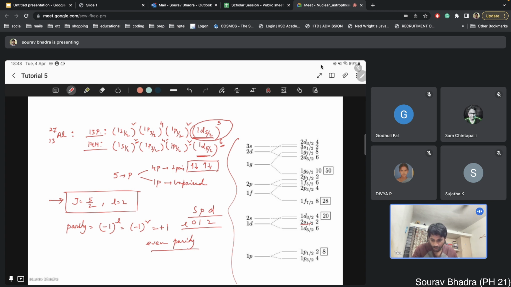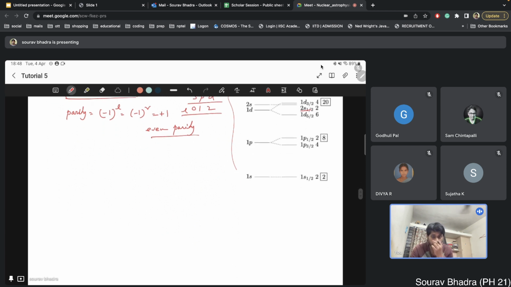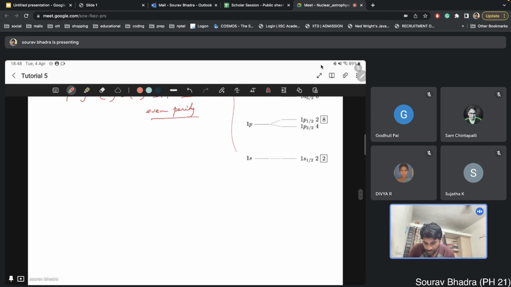Now let us do one problem which has one unpaired neutron also. So I have told you, you have to calculate both the protons and neutrons. Okay, so let us take this one, 33S16.